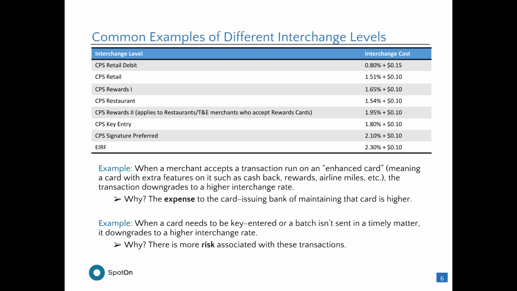Let me just go ahead and pop the credit card number in, and I'm just going to push this transaction through. I'll enter all zeros, or I'll just enter the zip code here at my business. Unfortunately, when that transaction authorization request goes through, that zip code now does not match the billing address on file for that credit card. And so that credit card transaction may get approved, but it's going to be considered a very risky transaction, and so it downgrades to this, the 2.3 and 10.